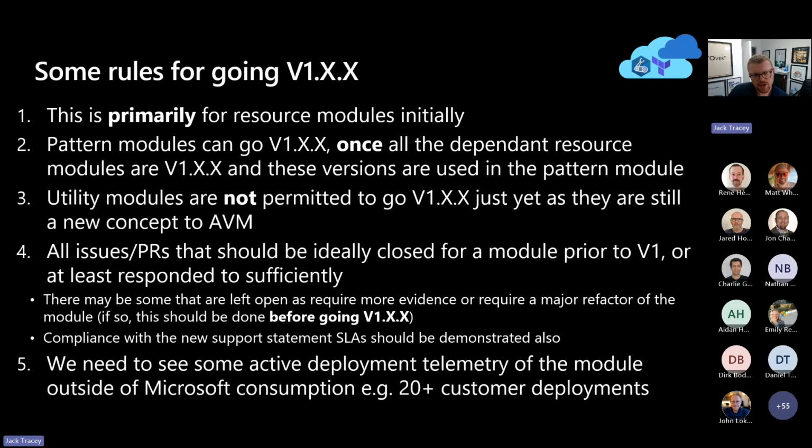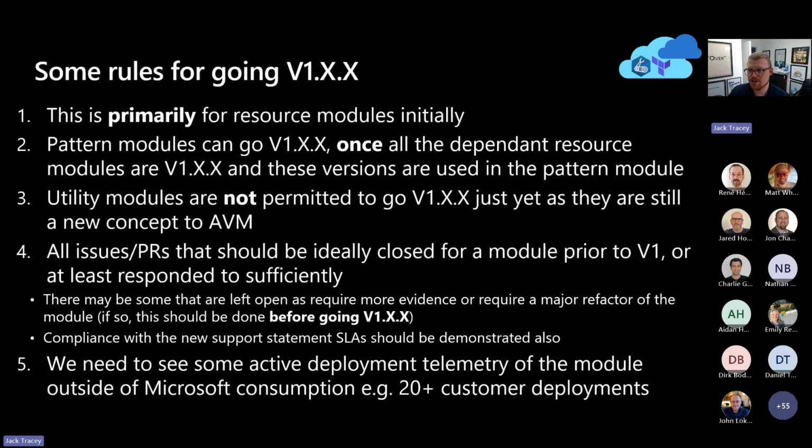We're going to say that all issues and PRs should ideally be closed for the module prior to V1, or at least sufficiently responded to, right? There may be some that are going to be forever long running and need more feedback, but we're going to say that as a statement. And we also want to say that they're in compliance with the new support statement, which I'll cover in a second. We also need to see some active deployment telemetry of the module outside of Microsoft.